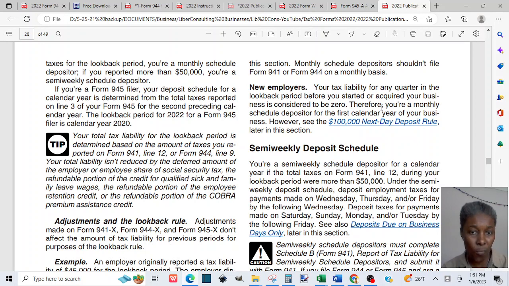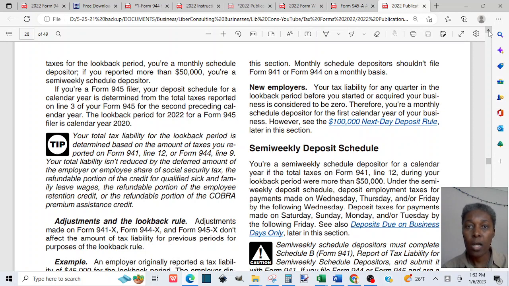Therefore, you are a monthly schedule depositor for the first calendar year of your business. So by default, we are monthly schedule depositors, but there are instances that will pull you to semi-weekly.